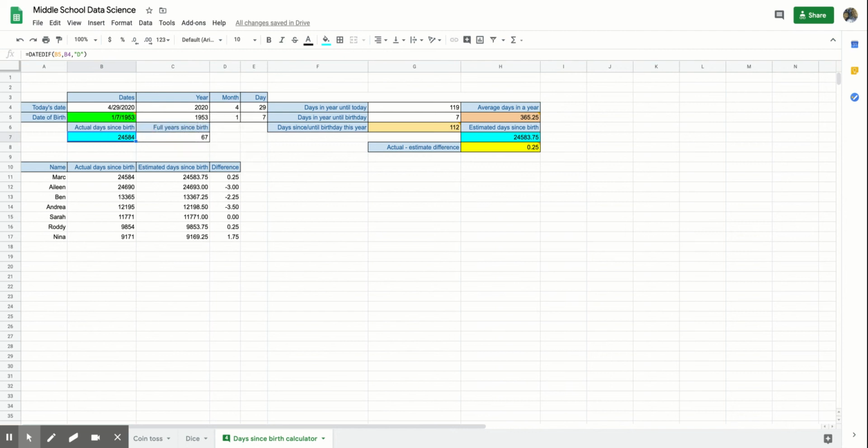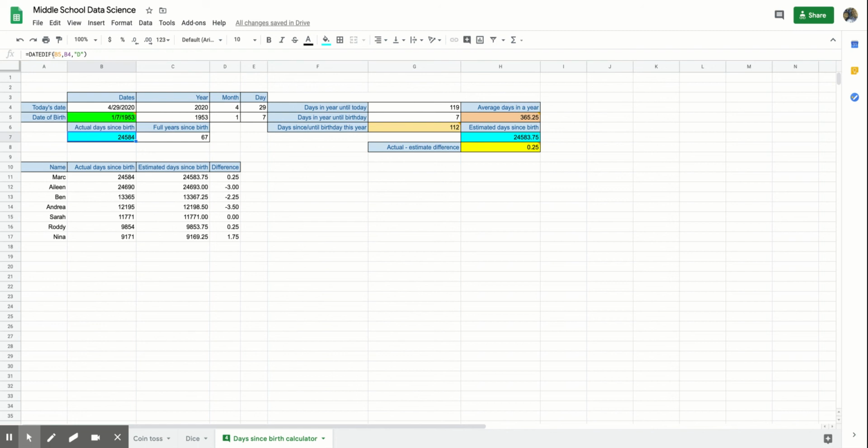And the DATEDIF function requires the two dates you want. So I put in B5. I want to know the difference in days between my birthday and today's date. And I have to put a D up here because I want it in days. I could put it in months or years, but I want days.